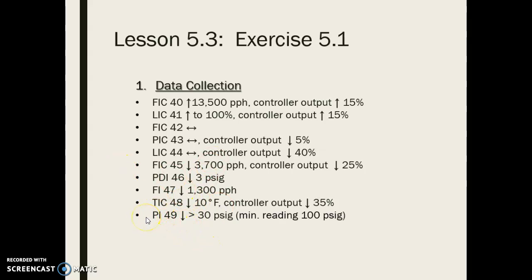And then the pressure indicator of the steam is way down low. It's about 30 psig, which means it's probably reading outside range, because it's supposed to read between 100 and 200 and it's not reading at all. And then FI31, your input feed to the column, is normal.